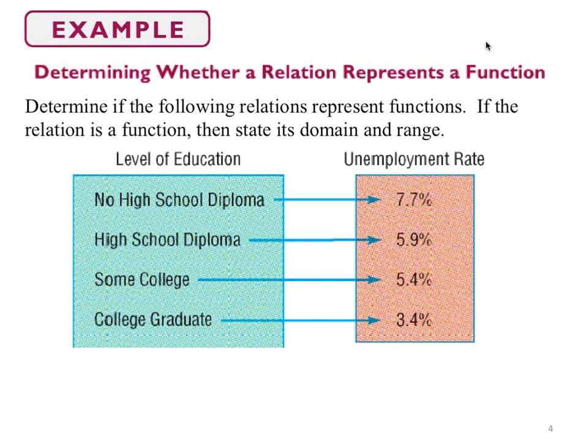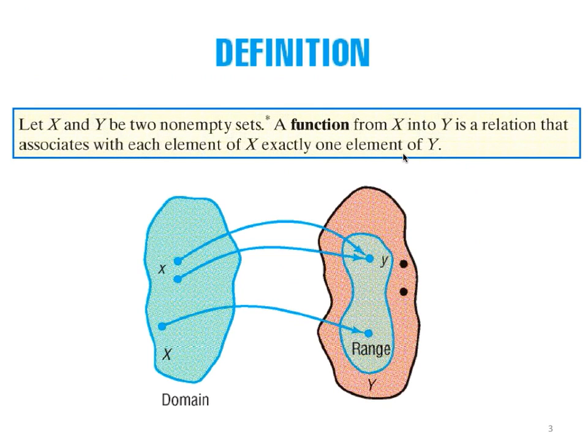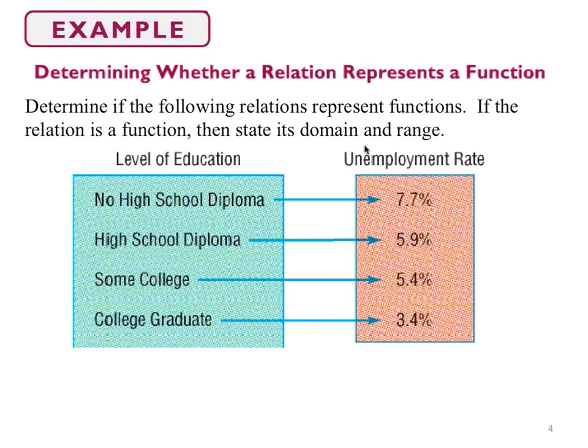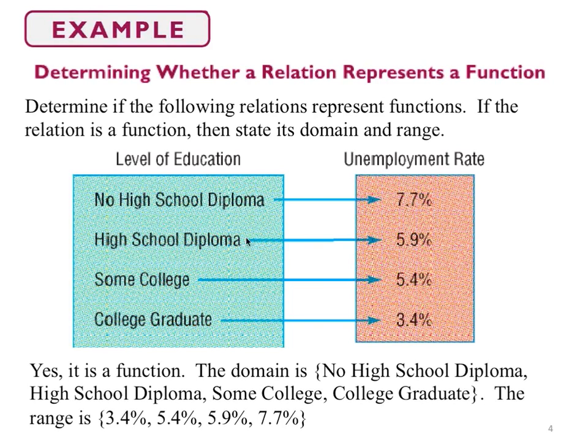So if we want to determine if a relation is a function, we need to see if this is the case. Each element of x has exactly one element of y. So we have levels of education here and unemployment rates. This one is going to be a function because these are going to be our x's right here, and each one corresponds with one value of y.